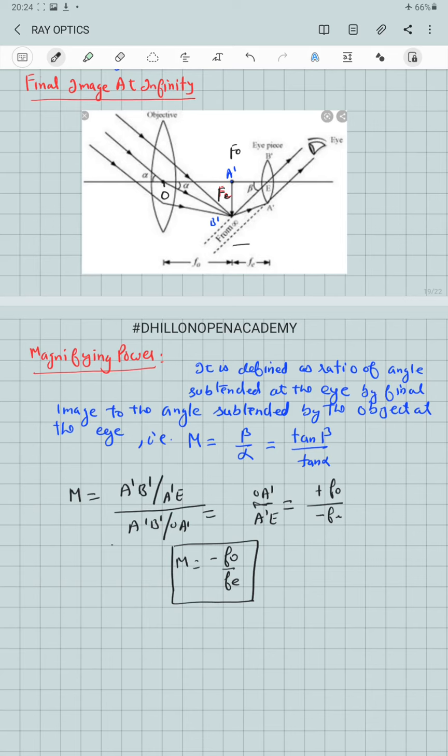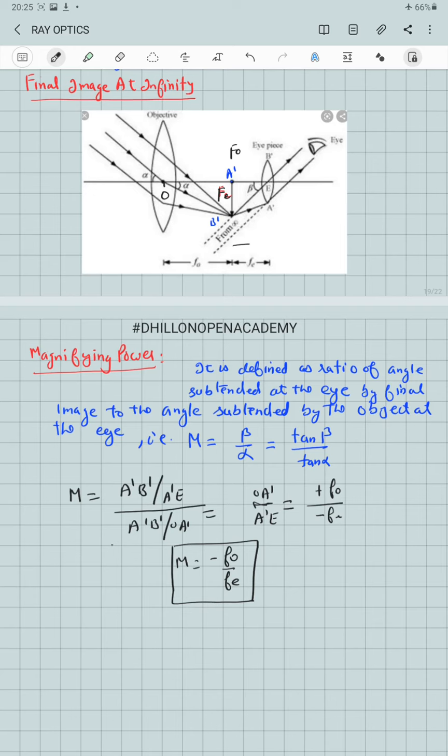So A dash B dash gets cancelled, we are left with only O A dash divided by A dash E. O A dash is nothing but the focal length of the objective lens, and A dash E is the focal length of the eyepiece, which is actually the position of the object A dash B dash, so which will be minus FE. So here the magnifying power will be minus f naught over FE.